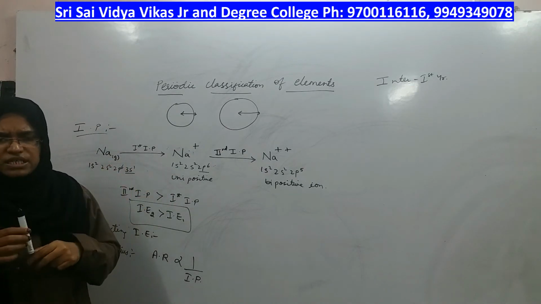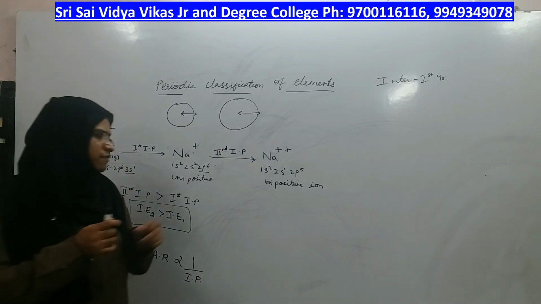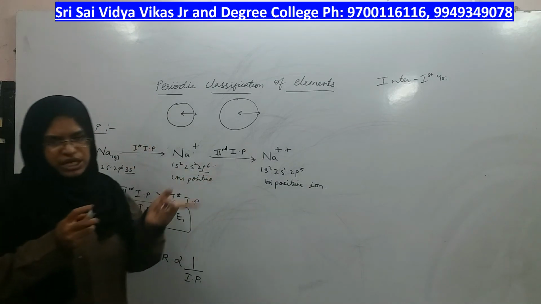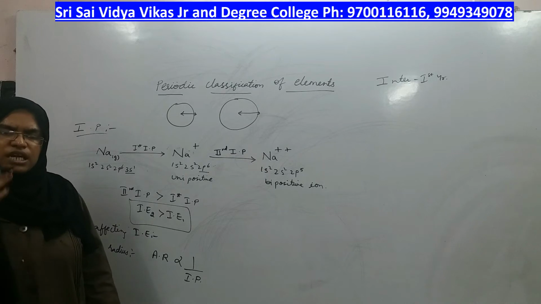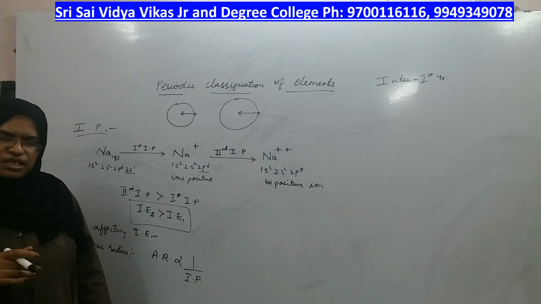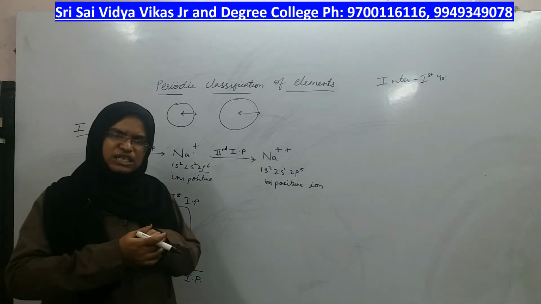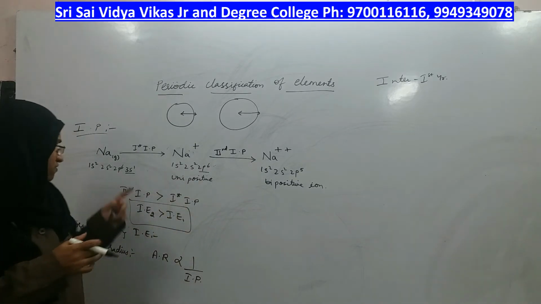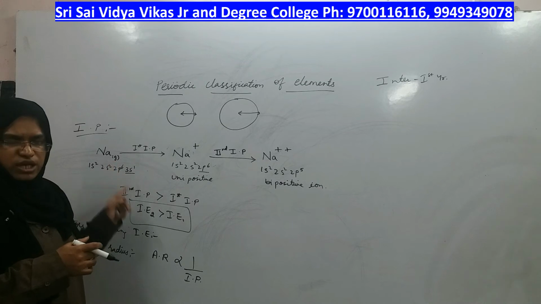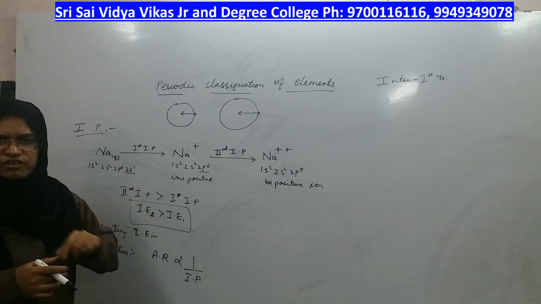But what happens in a group from top to bottom? If you take an example of lithium, sodium, potassium, rubidium, cesium, from lithium to sodium, if the valence electron in lithium is in the second shell, in sodium the valence electron will be in the third shell. In potassium the valence electron will be in the fourth shell.